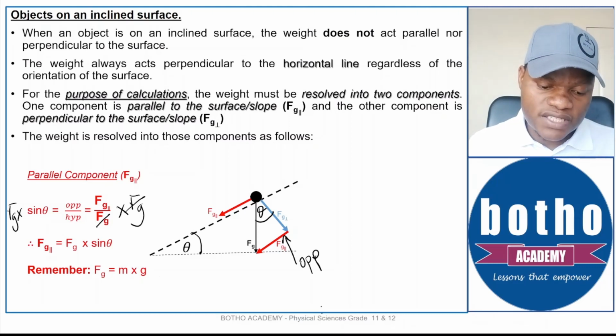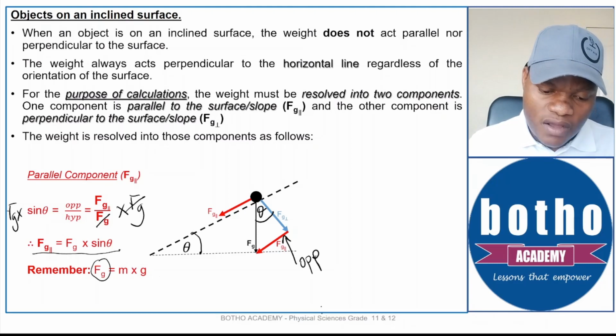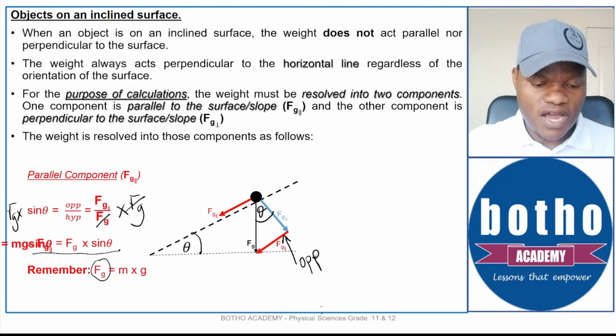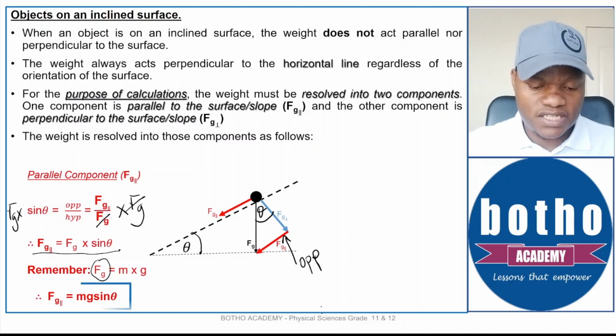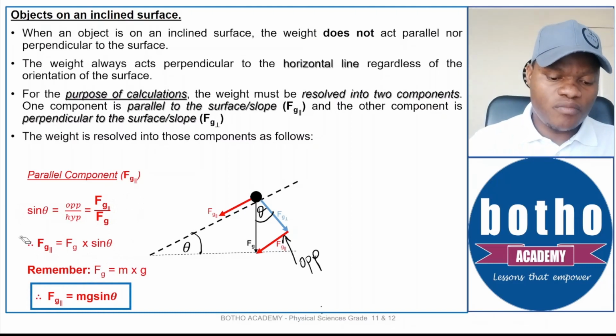If we then substitute this Fg into this formula by replacing it with m multiplied by g, we get another formula, which is the formula that we need to get used to, which says Fg parallel is equal to mg sine theta. That is the formula that we are going to use from now going forward.